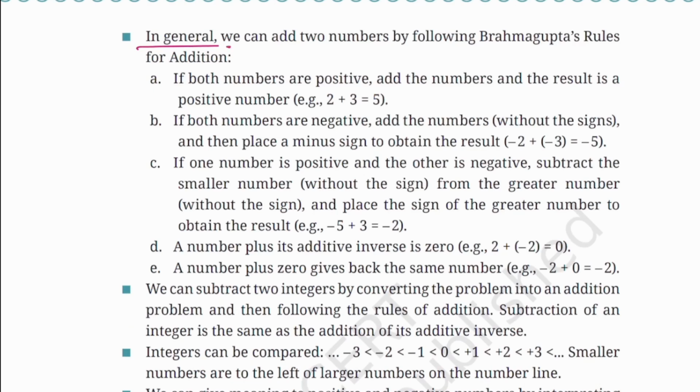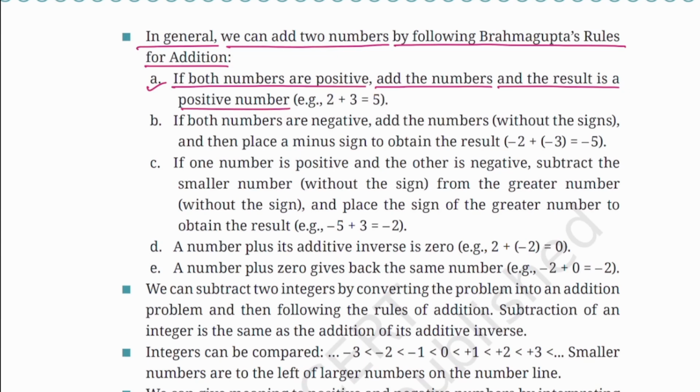In general, we can add two numbers by following Brahmagupta's rules for addition. A. If both numbers are positive, add the numbers and the result is a positive number. Example: 2 plus 3 is equal to 5. B. If both numbers are negative, add the numbers without the signs and then place a minus sign to obtain the result.